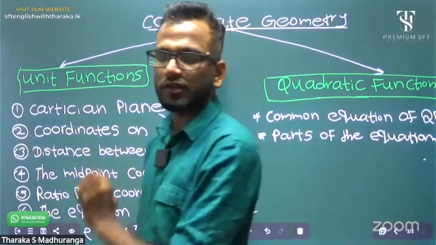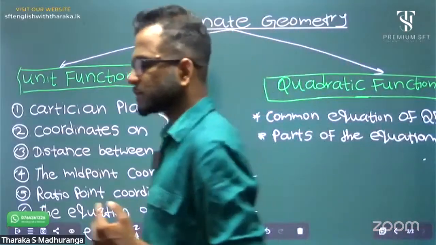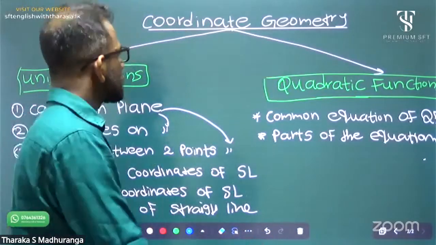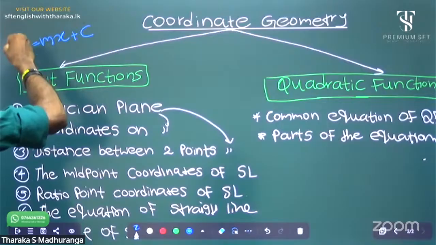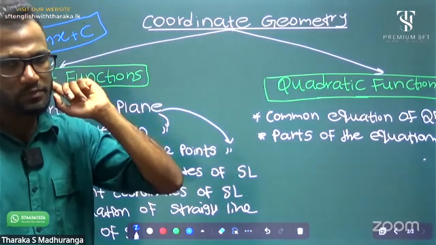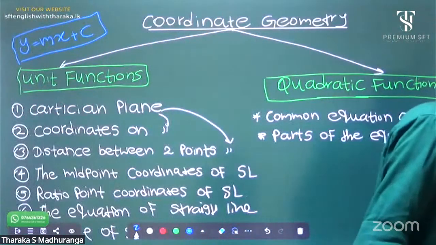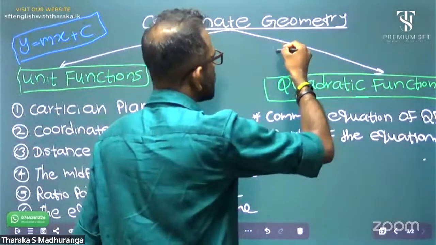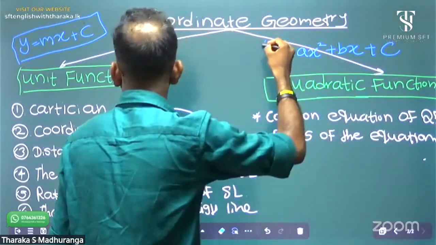For quadratic functions, previously I told, y equal ax squared plus bx plus c is the common equation.